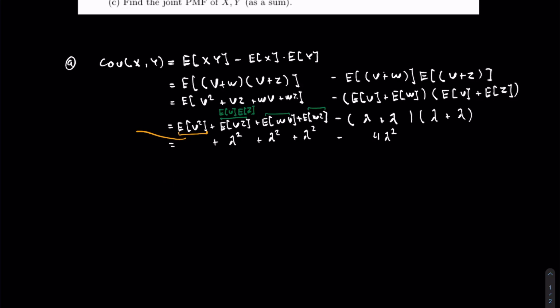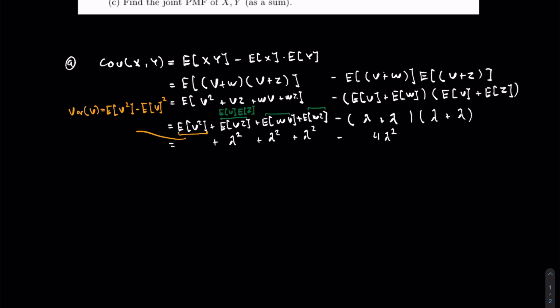So we have that the variance of v equals the expectation of v squared minus the expectation of v, squared.